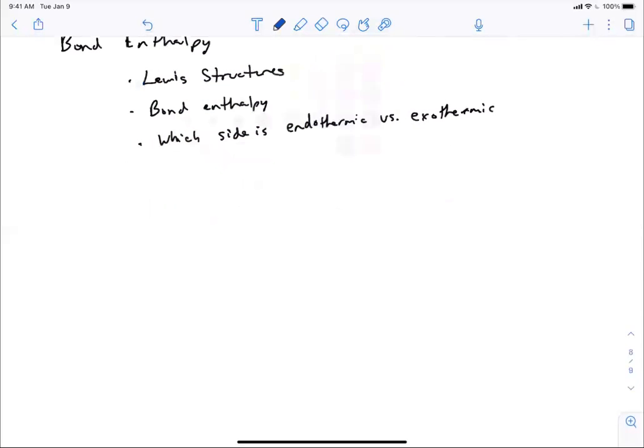And so the biggest issue I see students have is counting bonds. And if you don't count bonds right, then you won't get the question right and you'll lose all 3 points. And that's a significant chunk of marks on your test that you shouldn't be missing.